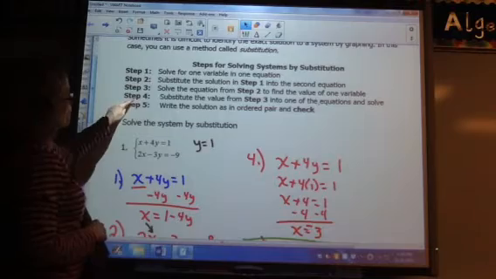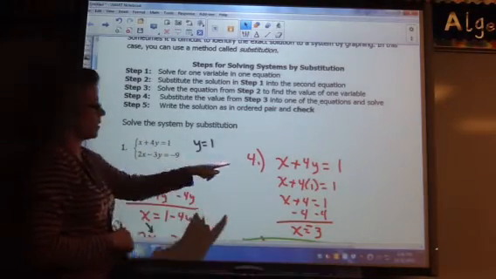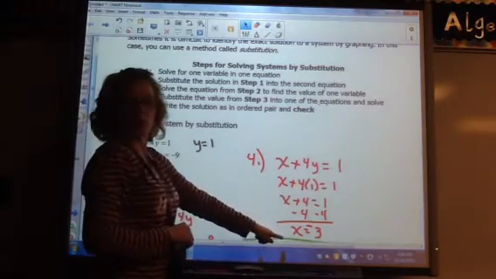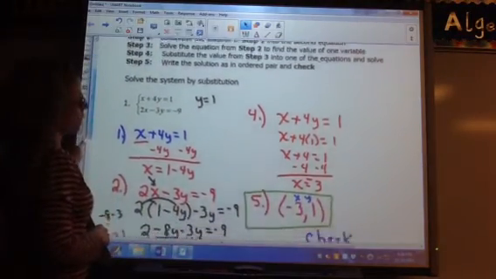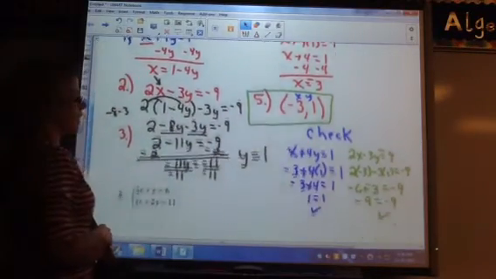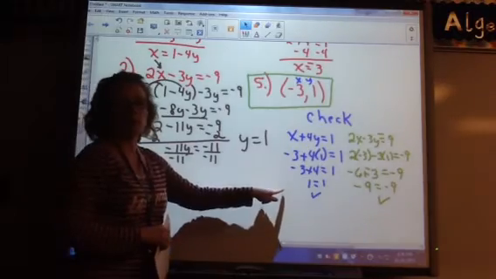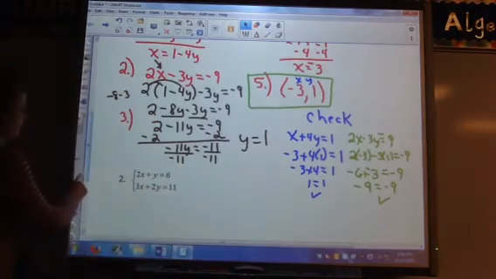Step 4, take the value of y, substitute it into either one of the equations, and find out your other value, which is x. Step 5, write it as an ordered pair and check to make sure your answer is right. Okay? So let's try another one.